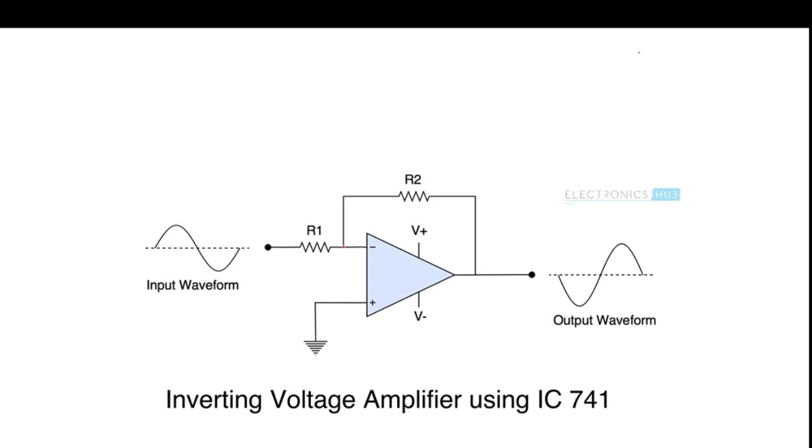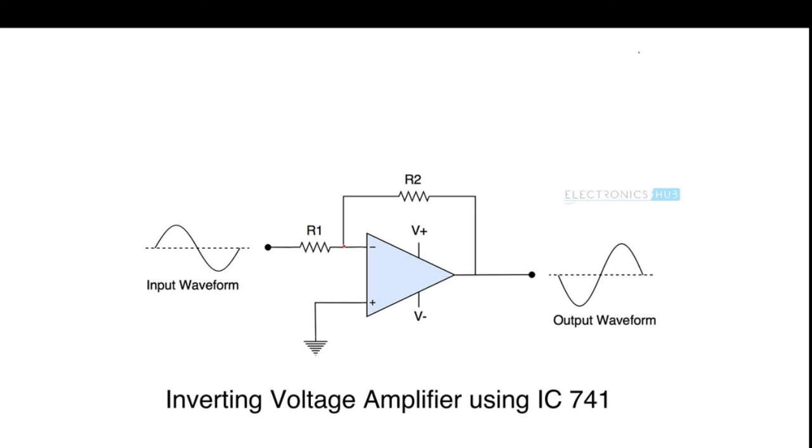This point is known as the virtual ground. Why is it called a virtual ground? It acts as the ground, meaning its potential equals 0. That's why it is known as a virtual ground. So at the node, one current enters and the other current leaves. I1 enters and I2 leaves this node.